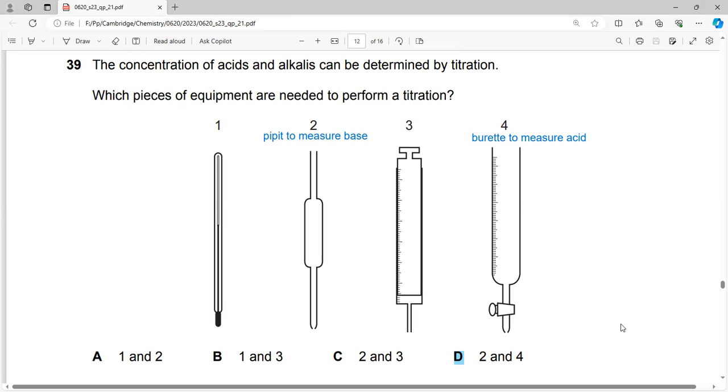So that's why these 2 are used, the 2 to transfer the base into the conical flask. What about 4, as a burette is used to measure the acid. So that's why these 2, the D is our correct option. What about the thermometer and the syringe? A graduated syringe is not used in titration. So D is our correct option here.